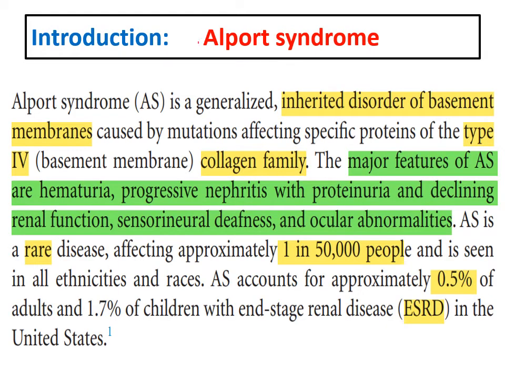First of all, we'll talk about an introduction to Alport syndrome. Alport syndrome is an inherited disorder, as we said, of basement membrane structure caused by mutation in the genes for type 4 collagen.